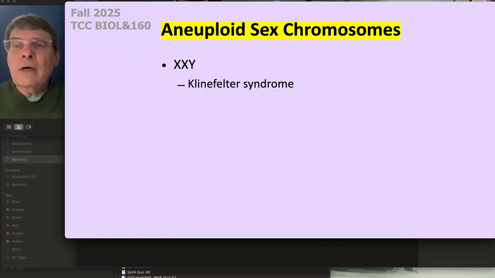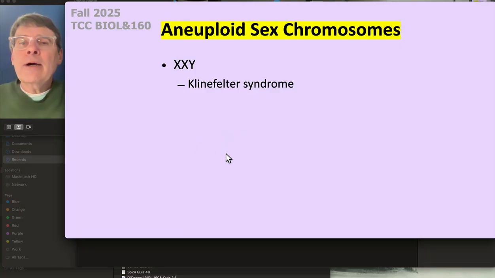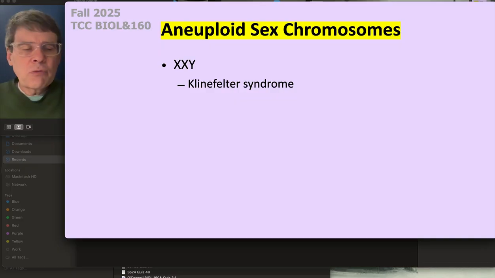Other of these non-disjunction type of syndromes are Klinefelter syndrome with 2 copies of the X chromosome and the Y chromosome. The Y chromosome brings maleness with this, so these people appear as males, tend to be shorter in stature, and have some other features that have variable expression.